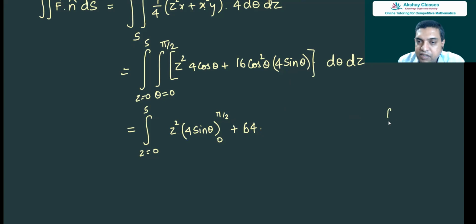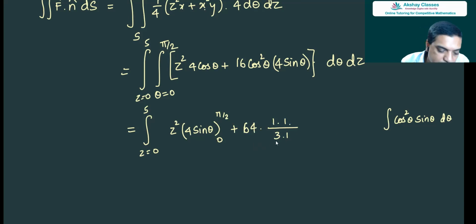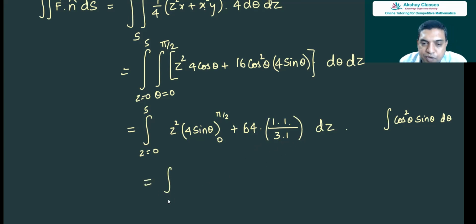So we just need to evaluate the integral of cos square theta sine theta. Of course, we can directly use Wally's formula. It is easier. Cos square theta sine theta, you will get 1 into 1 upon 2 plus 1, 3 into 1. So 1 upon 3 directly. I don't have to do anything now. So this is using Wally's formula.